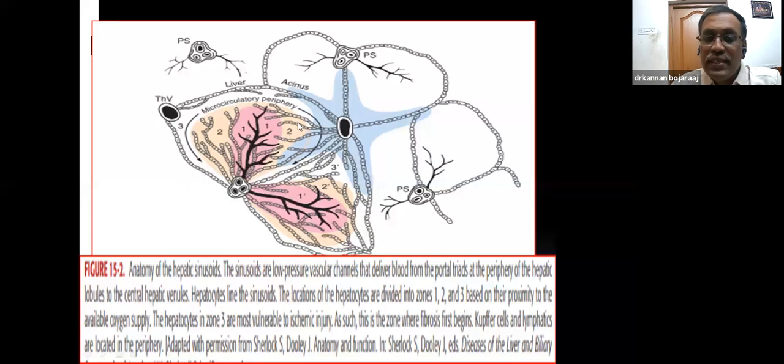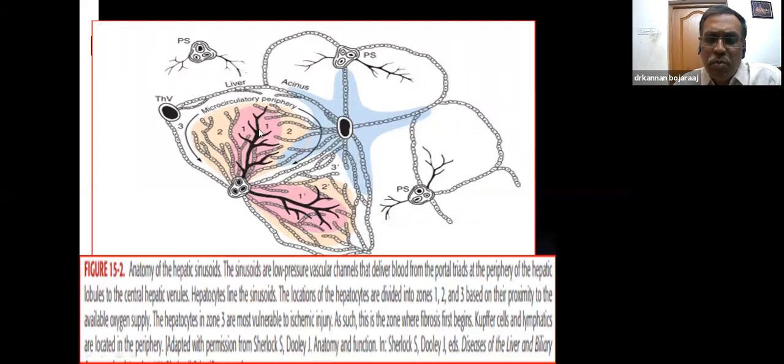The next zone is zone 2. It is intermediate and does not directly get blood supply from the hepatic artery. Then there are the cells near the central vein. See this, there is no direct arterial supply. They get supply from the portal sinusoids, and the venous blood is the nutrient supply for these hepatocytes.